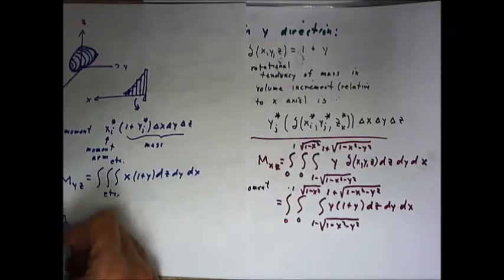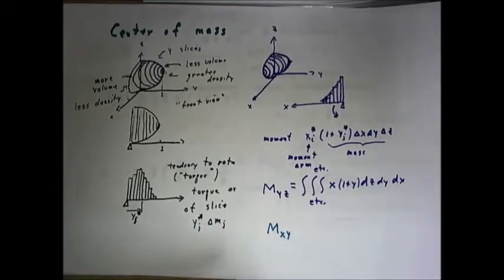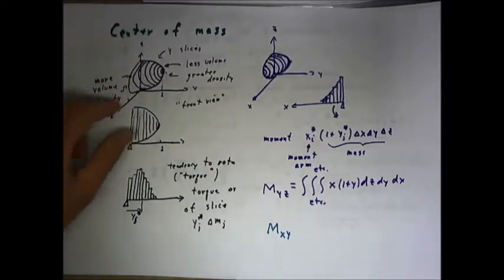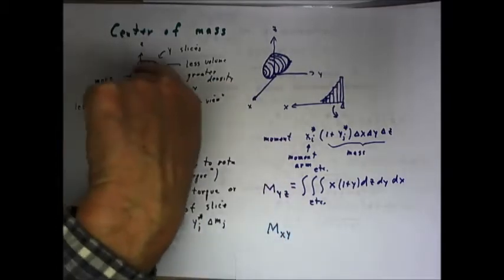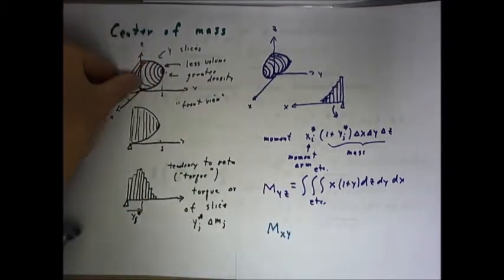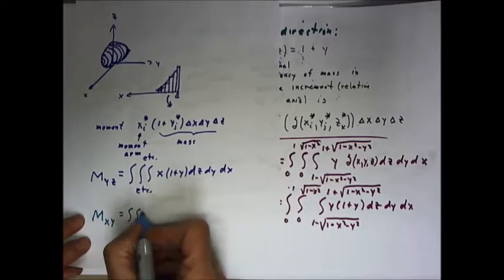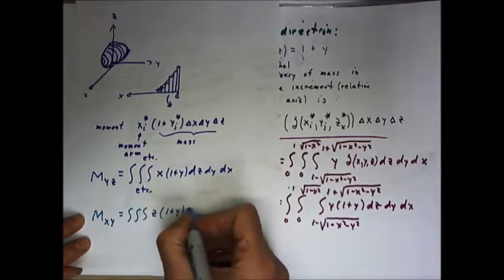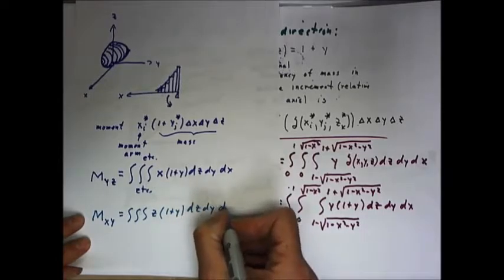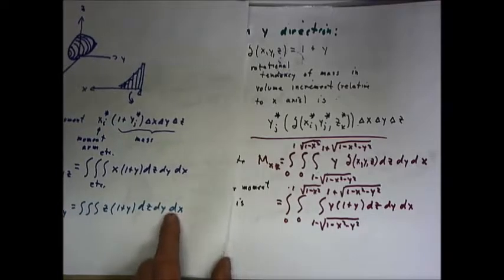Similarly, we'll have a moment about the xy plane, and that would be the tendency of this solid to rotate due to some force in the z direction, rotating this way. And that moment would be, again, the triple integral of, in this case now, z times 1 plus y dz dy dx.